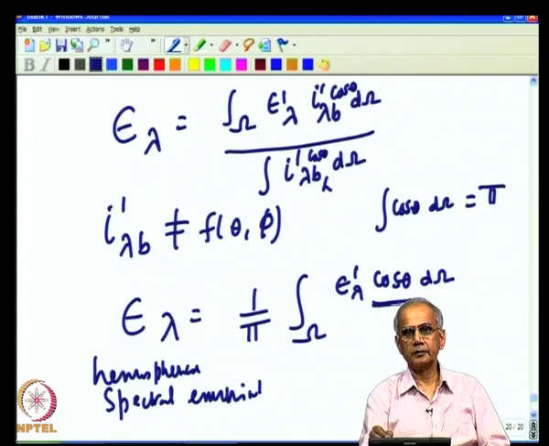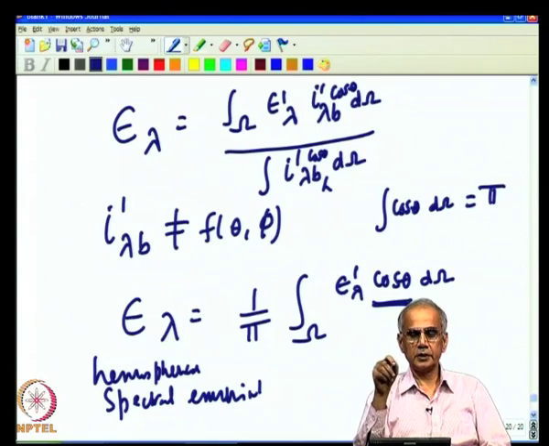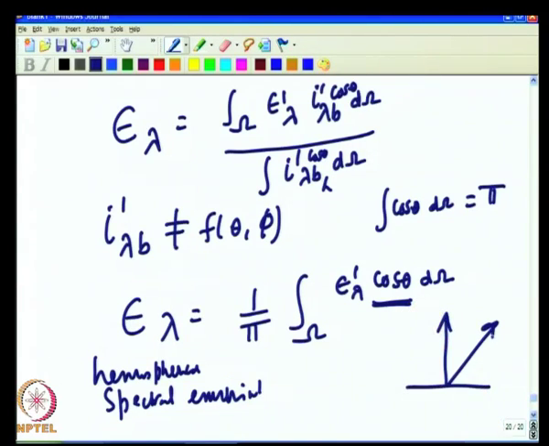We have to weight it with cos theta. So, cos theta weighting is important, which means that more weightage is given to emission closer to the normal, so this region will have higher weightage than this region. So, this is worth remembering: when the directional quantity is integrated, there is a cos theta term there, which ensures that more weightage is given to radiation emitted at lower values of theta.